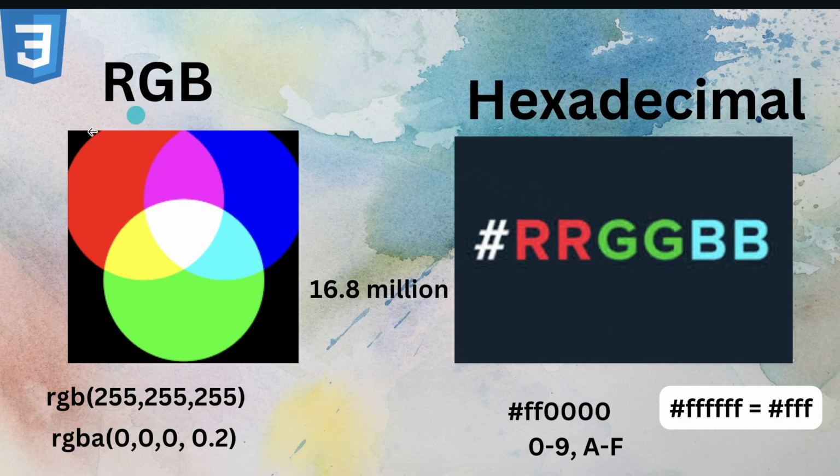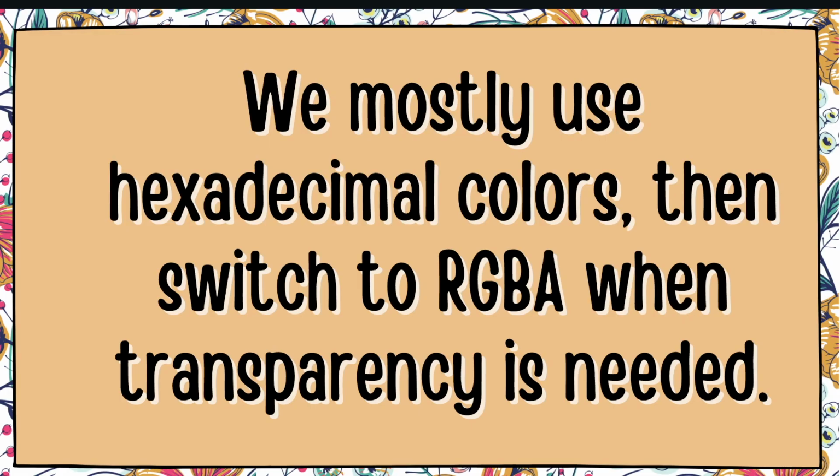So you don't have to memorize any of these colors, but it is very important to understand the theory behind them. In practice, we mostly use hexadecimal colors. Then we switch to RGBA whenever we need transparency. So you will see that this is actually very simple when we start coding.